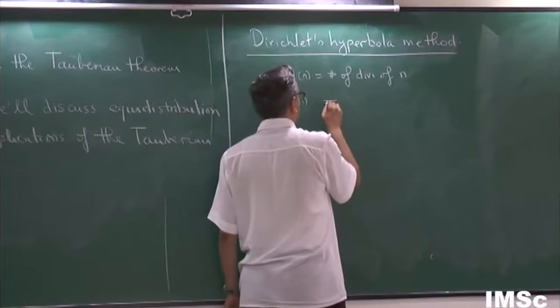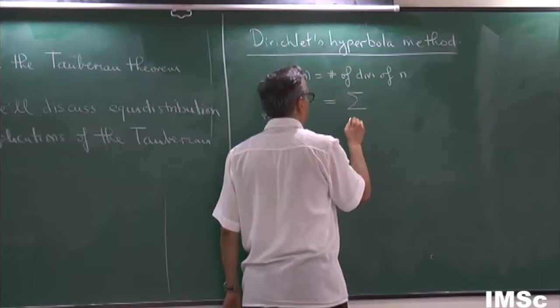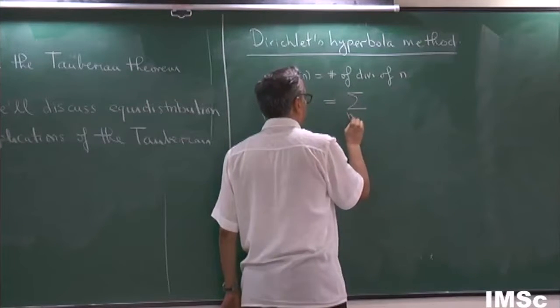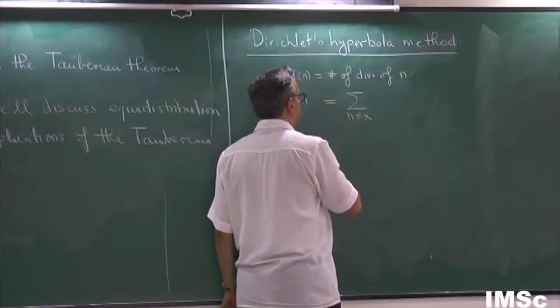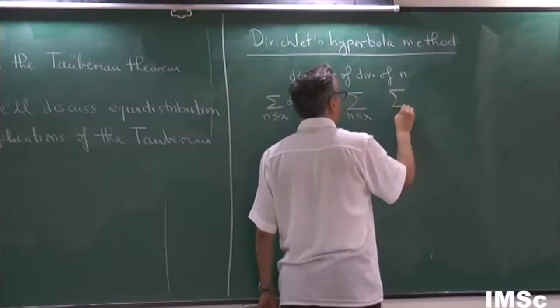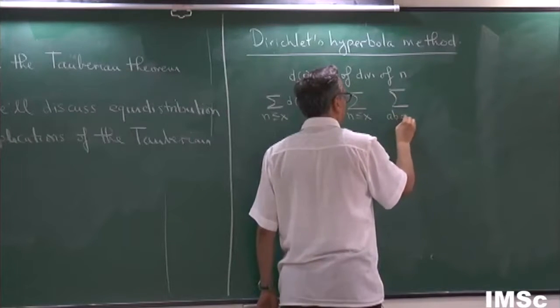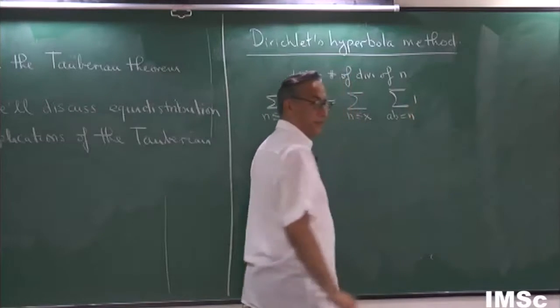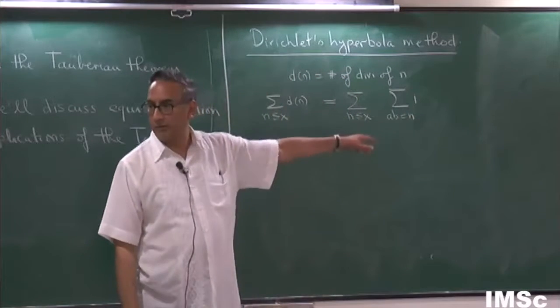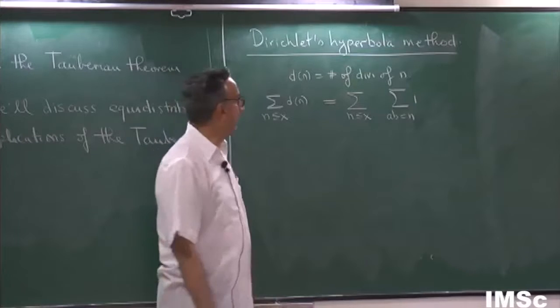And the naive way of proceeding would be to say, well, n is less than x, and I'm trying to count how many factorizations I have of n as a times b, and just count one for each factorization. This is the naive way of doing it.